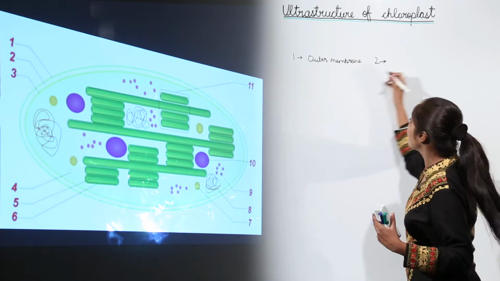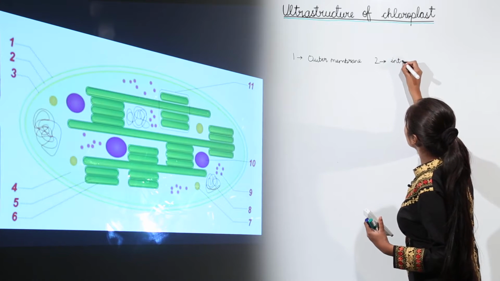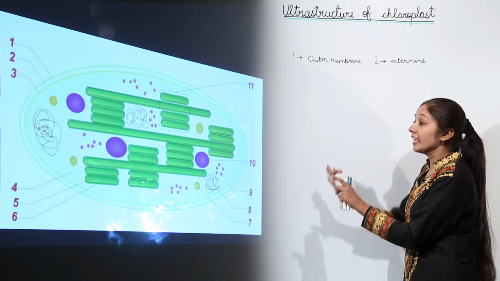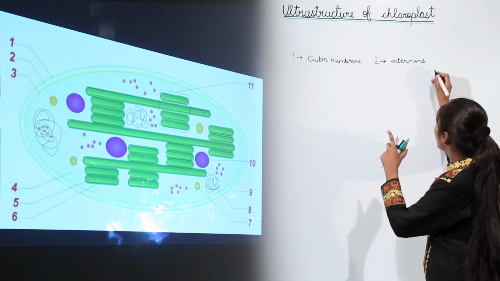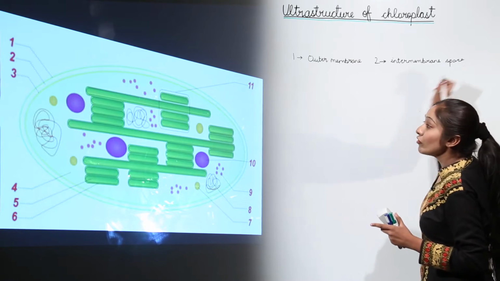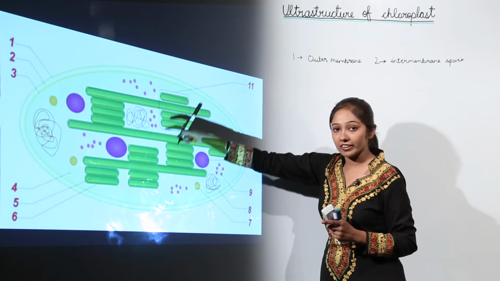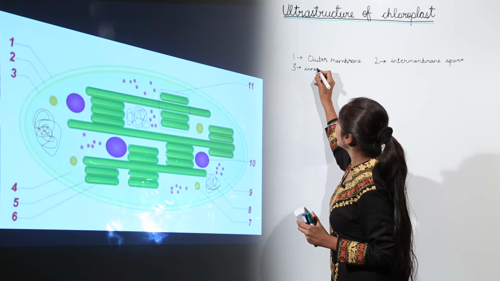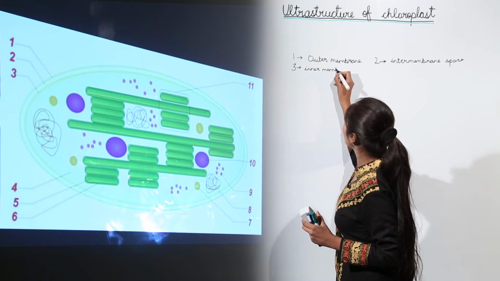This is the intermembrane space. I know that you are able to recall, and I hope you have done it very well. You can label all the parts. Intermembrane space. Moving on to number 3. Number 3 is the inner membrane.